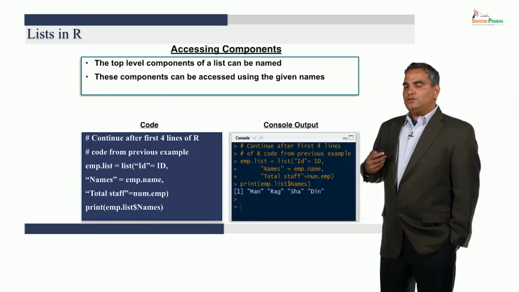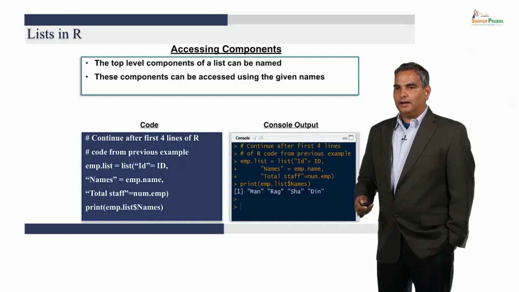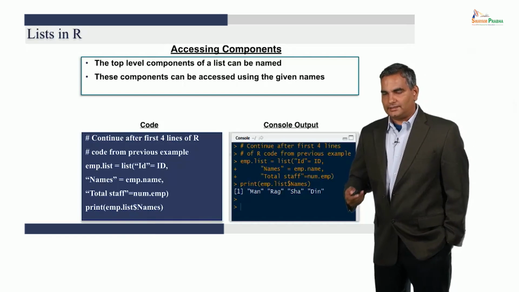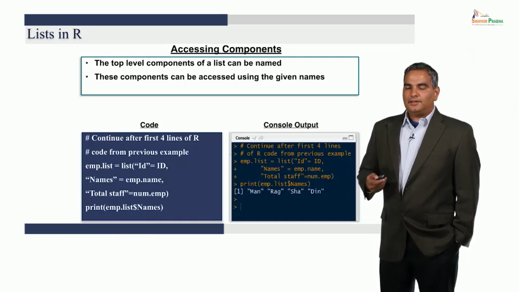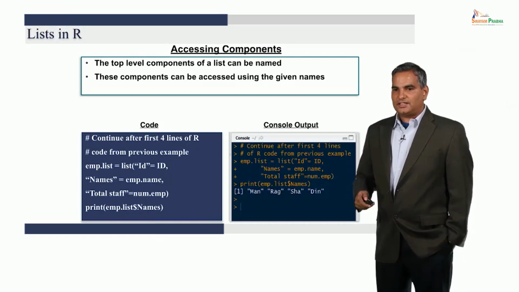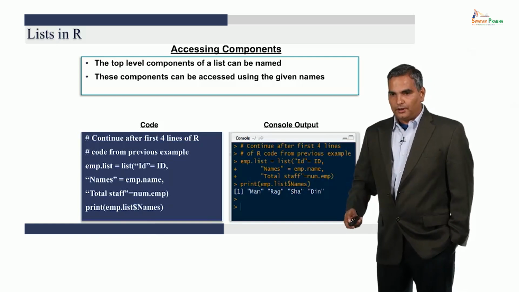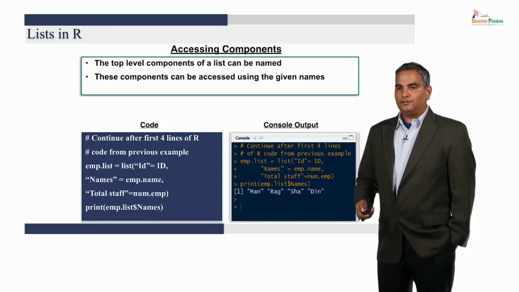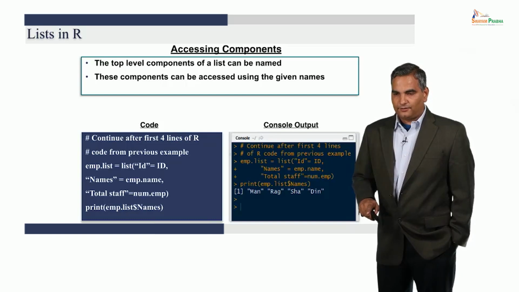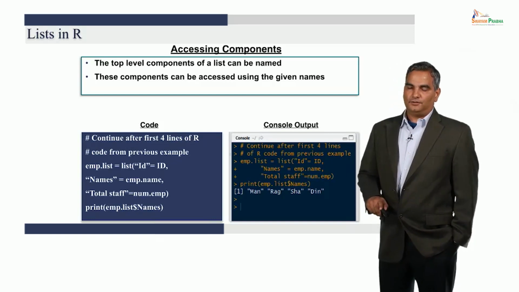Now once you define a list, you can name each of these elements so that it becomes easier for you to access them later. So the same example as before, instead of just saying list(id, emp.name, num.emp), what we have done here is for each of these variables, while defining the list itself, we are also defining names for these variables.